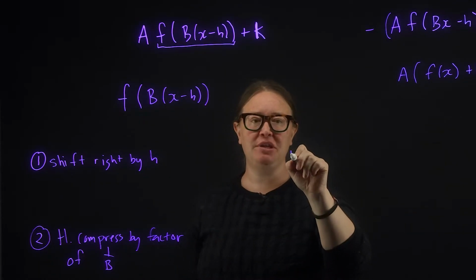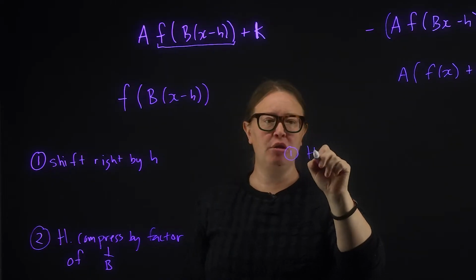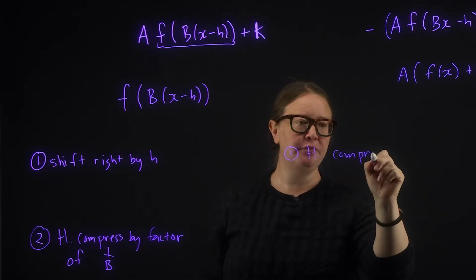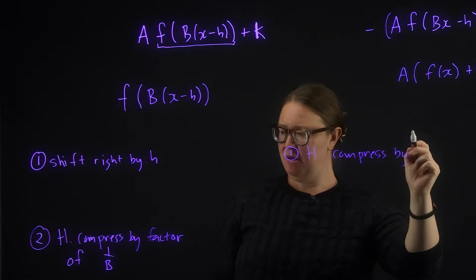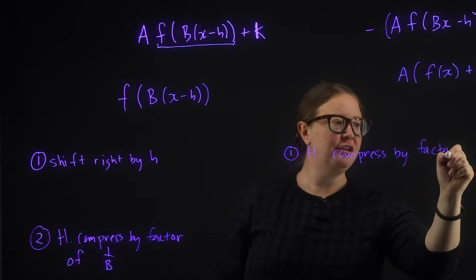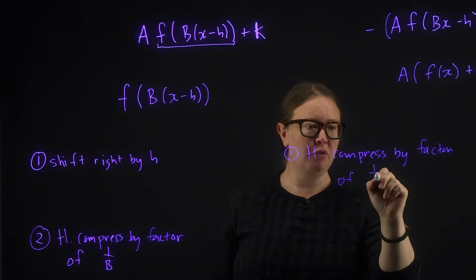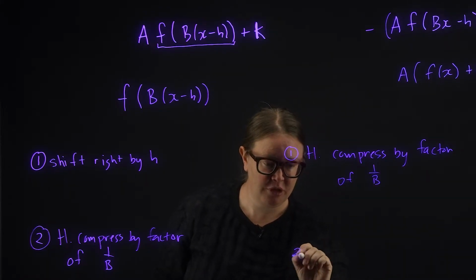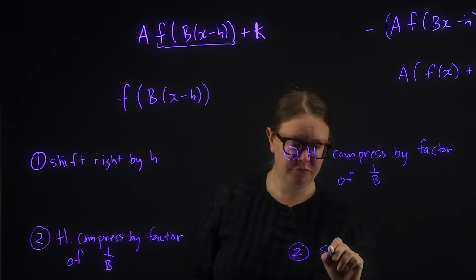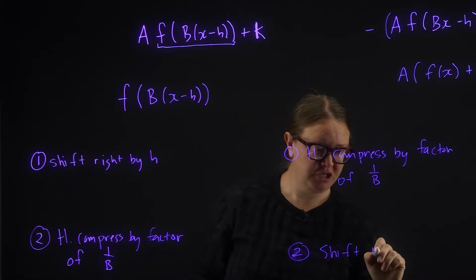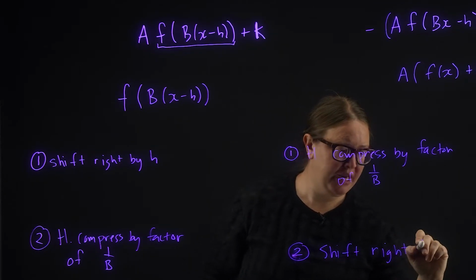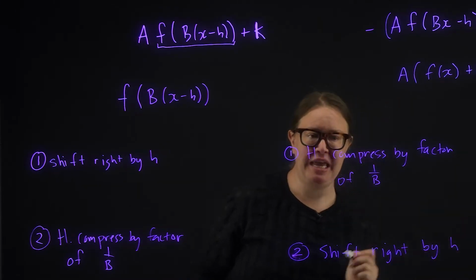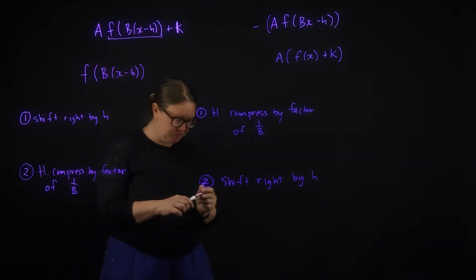Okay, so the opposite order would be horizontally compress by a factor of 1 over b, then shift right by h.